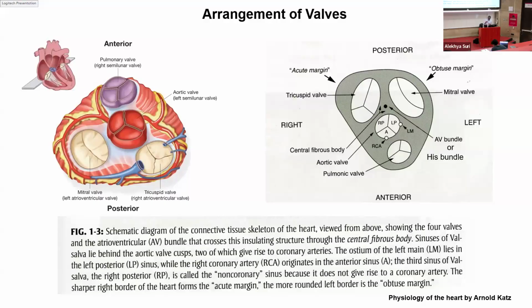That's where the signals from the SA node will be transmitted to the ventricles. Once the signal comes to the AV bundle, it will propagate into the ventricle and stimulate the ventricular contraction. So this central fibrous body plays an important role in maintaining the proper atrial and ventricular contraction.